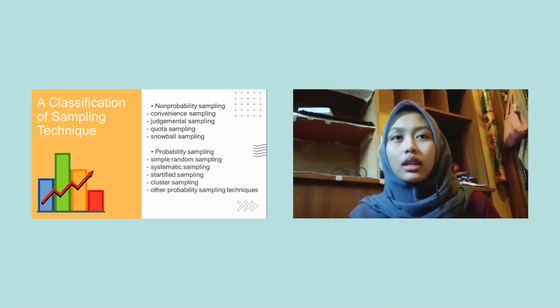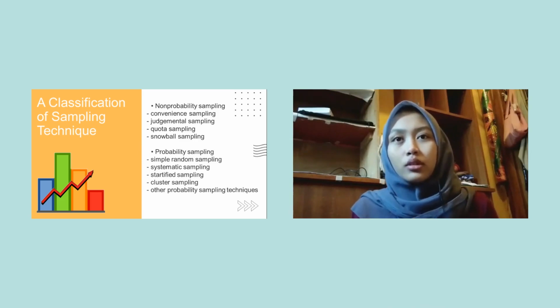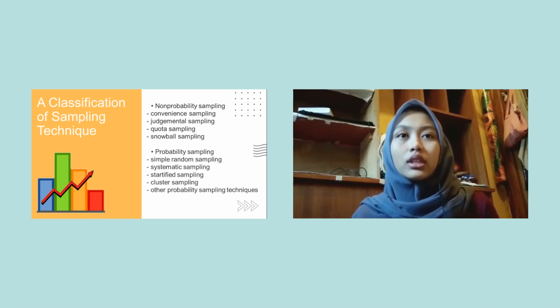Every element is selected independently of every other element and the sample is drawn by a random procedure from a sampling frame. For 2, systematic sampling, a probability sampling technique in which the sample is chosen by selecting a random starting point and then picking every interval element in succession from the sampling frame.